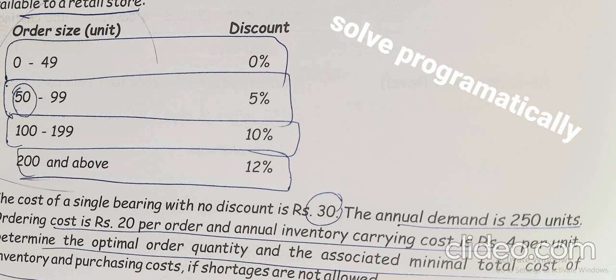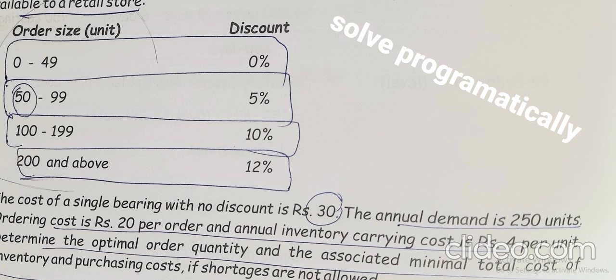Basically we have to check the different order sizes and find out where the least cost is. So determine the optimal order quantity and the associated minimal total cost of inventory and purchasing cost if shortages are not allowed. So we will check this, also find at EOQ what the cost is, and also find it at these levels.